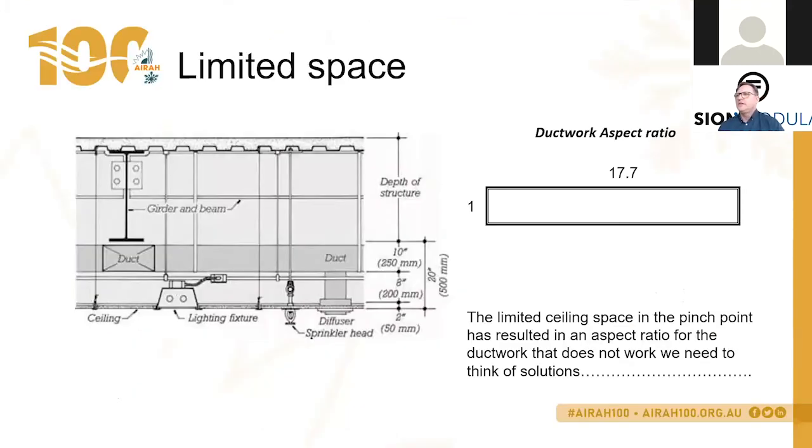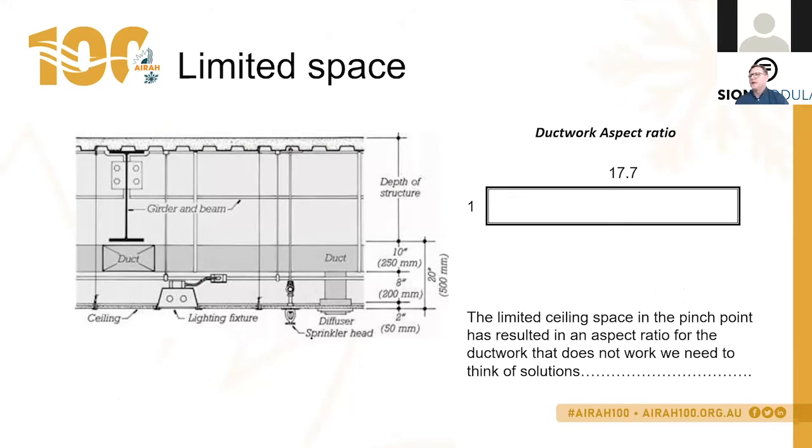So we've got limited ceiling space, as we noted before, due to that pinch point. We only have that 250 millimetres. If we're to do that in one piece of duct, it's a 17.7 to 1 aspect ratio. So that's not going to work. That's not a solution. We're going to need to consider, as I mentioned just before, do we do 2 supply air ducts?